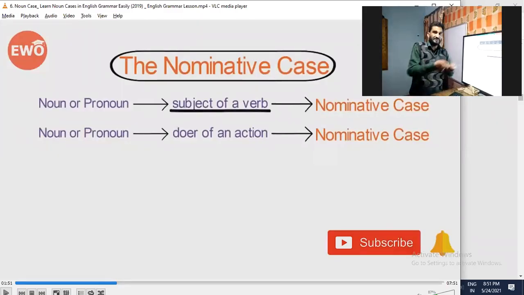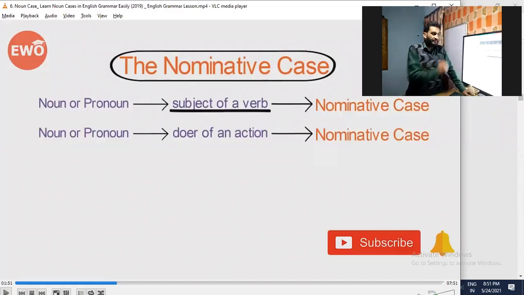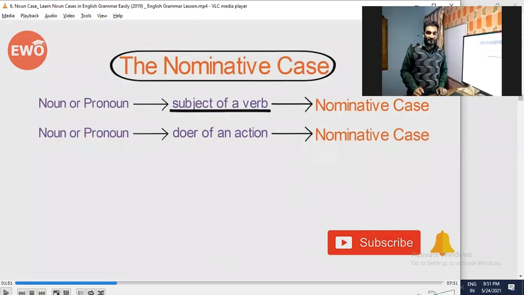That means he plays cricket. वो cricket खेल रहा है, तो उसको हम बोलेंगे nominative case. अब अगर हम रशीद के बदले में बोलूंगा he plays cricket, that means the pronoun he is used instead of the noun Rashid. That means the pronoun he is in nominative case.